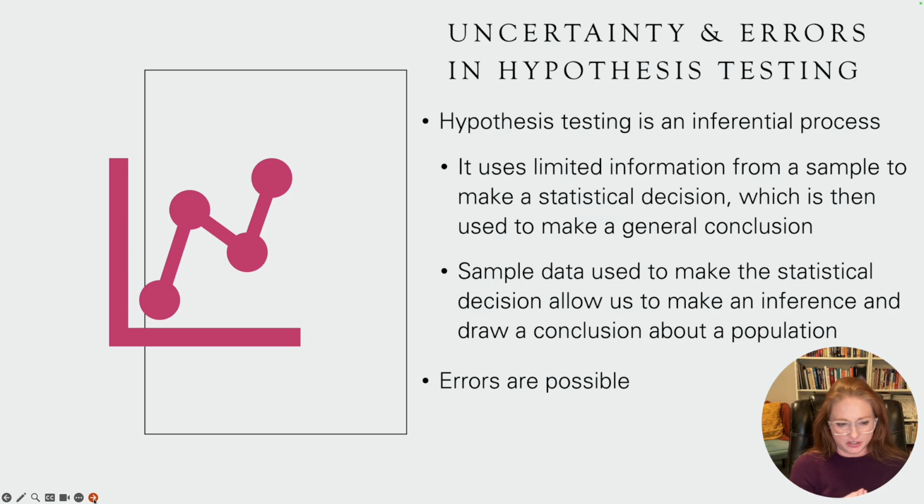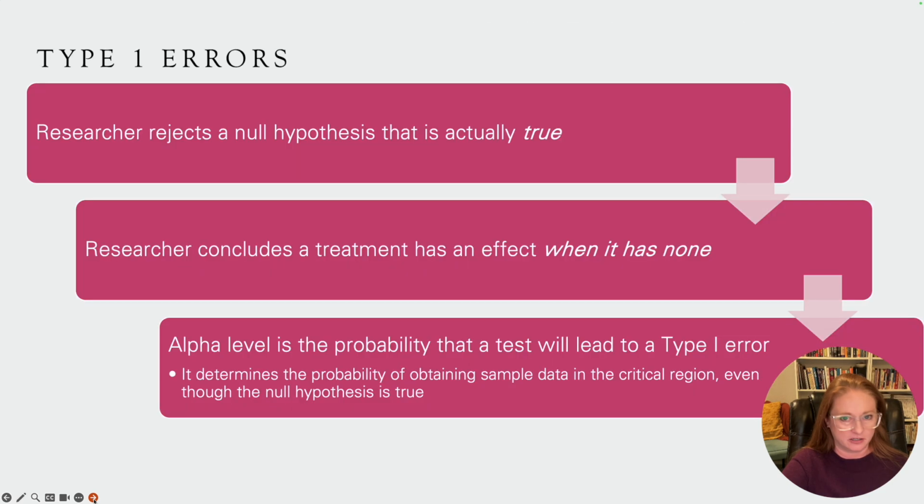So some statisticians don't like hypothesis testing. Well, they have some issues with it, right? Okay, so sample data used to make a statistical decision allows us to make inferential decisions, yes, but it's more like it helps us draw conclusions about populations. And further testing, or at least repeatable testing, is usually encouraged.